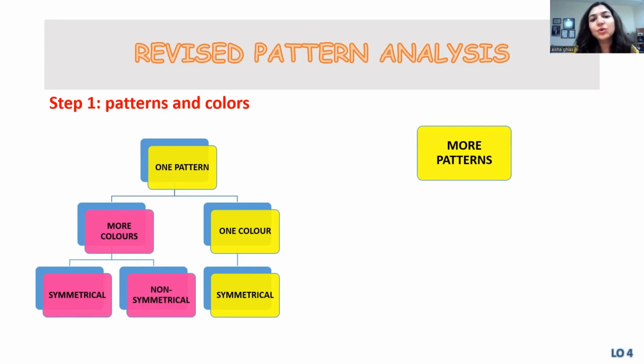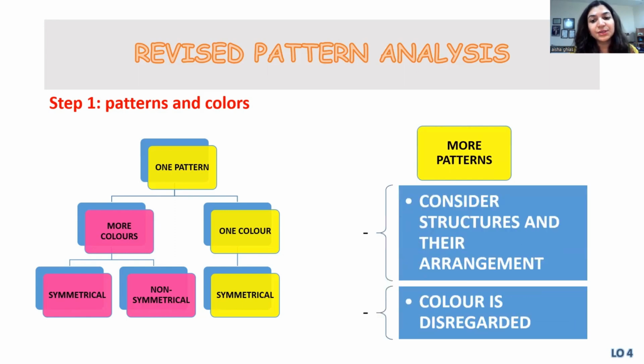Okay, if you see more patterns, then what? If you see more patterns, then you only consider the structures and their arrangements. You just do not go for the colors. This is very, very, very important. Since the method is an analytical one, memorize it. You just have to go the way I'm telling you. There is no other way. You cannot go reverse. You see the pattern, you see the colors.